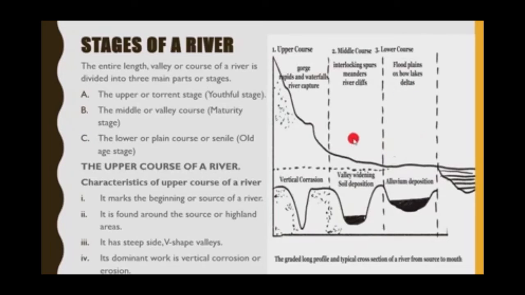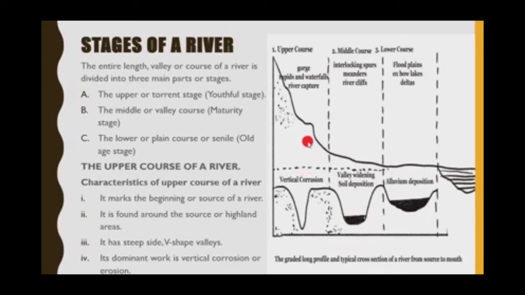So each river, like from here now, this river flows from here. Okay, so this is the upper course, this is the middle course, and then this other part is the lower course of the river. So we're going to look at each of them now, but in this class we may focus only on the upper course of a river.